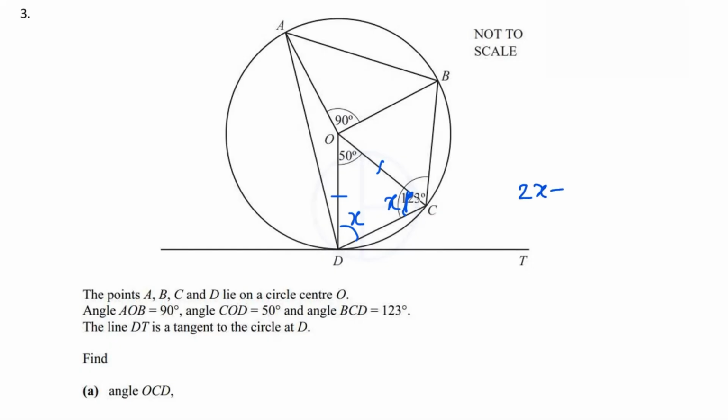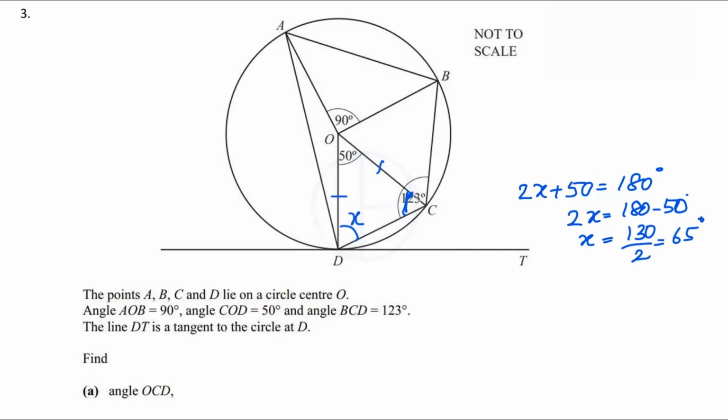So 2x plus 50 is 180 because the angles in a triangle add up to 180. So 2x is 180 minus 50, which is 130. So x is 130 divided by 2, which is 65. So this is 65.